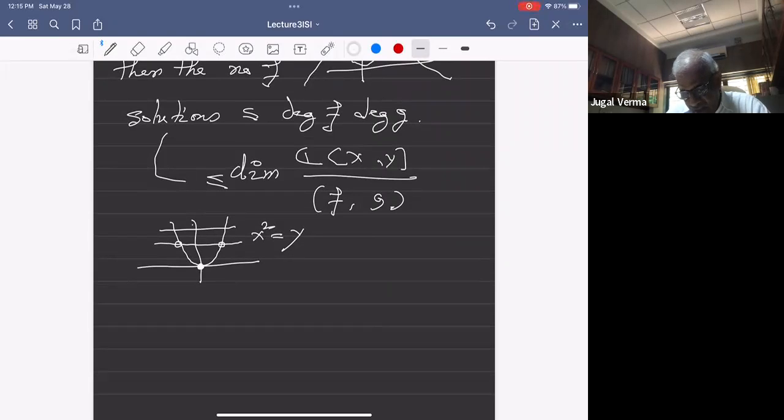So if you have a method to associate intersection multiplicity, which can be done, then Bezout's theorem simply says that the sum of intersection multiplicities at the common solutions is the product of the degrees.